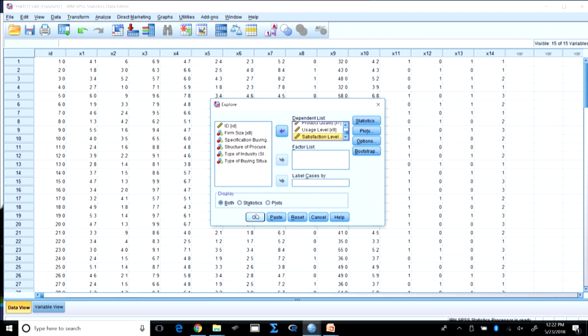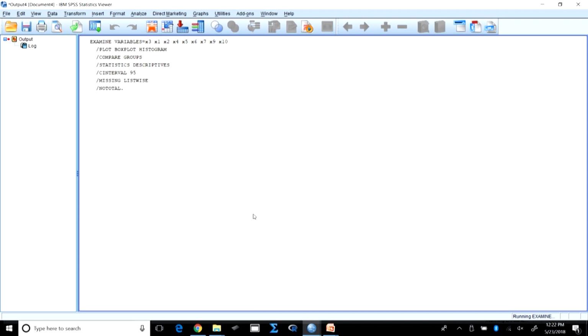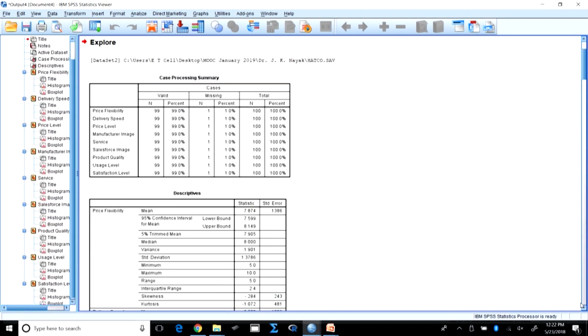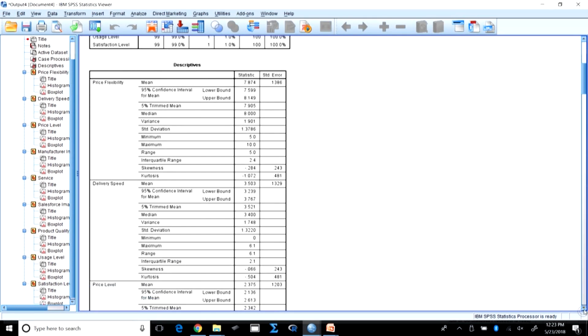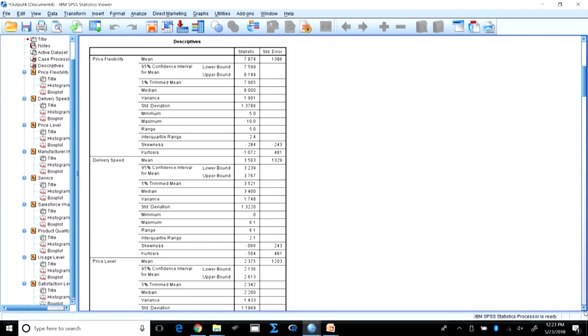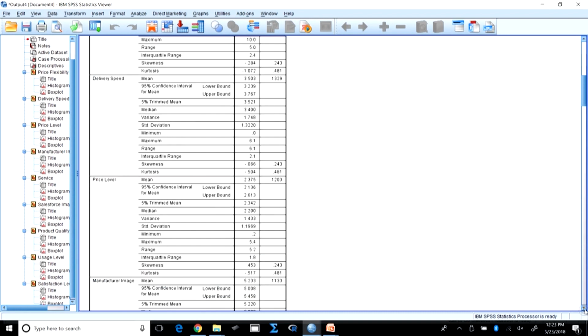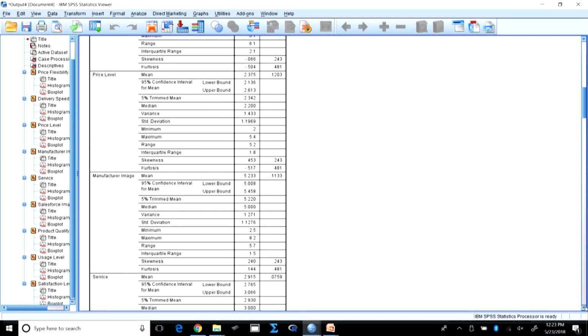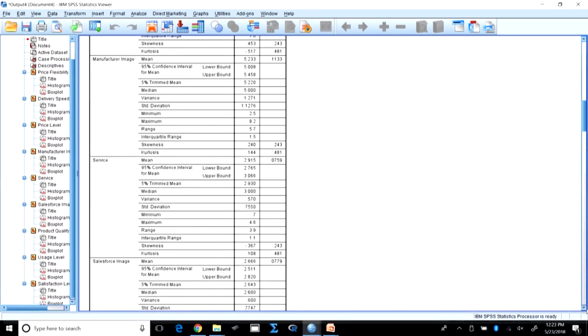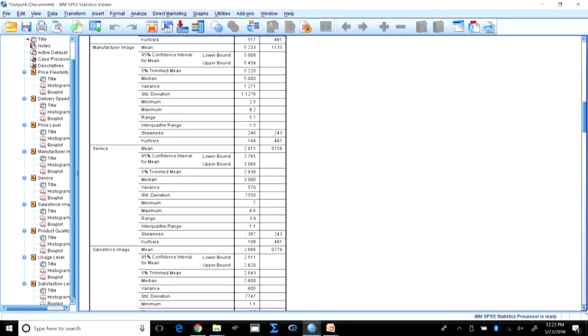I am trying to see if any of them follows a non-normal pattern or not. So, let us see the skewness.